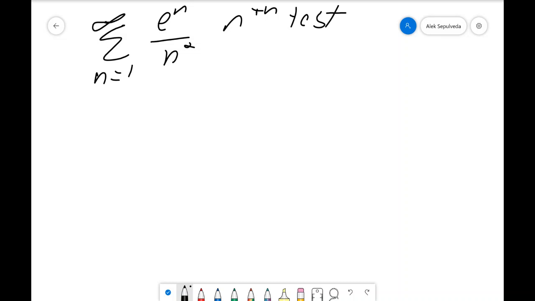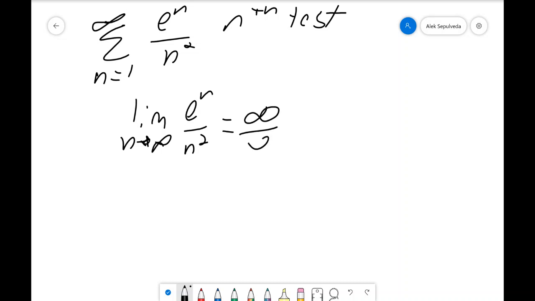We take the limit as n approaches infinity of e to the n over n squared. This is infinity over infinity, which is indeterminate. So we can't do that.